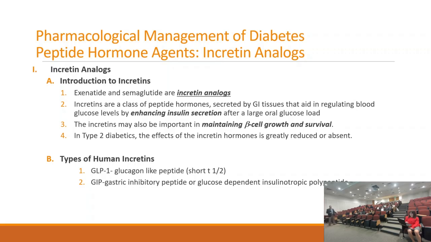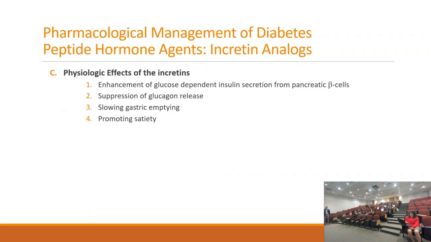Those are your two common ones. The drugs that we're going to talk about today share structural characteristics with the incretins, and I'll show you some examples of those in a few minutes. If you understand how the naturally occurring incretins that your body makes work, you know how the drugs work because they're just mimics of those hormones.